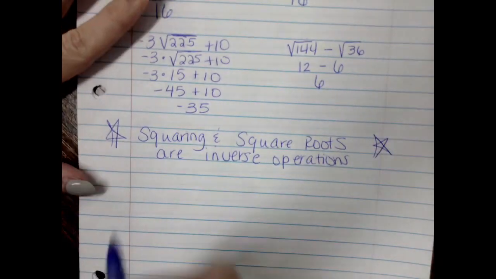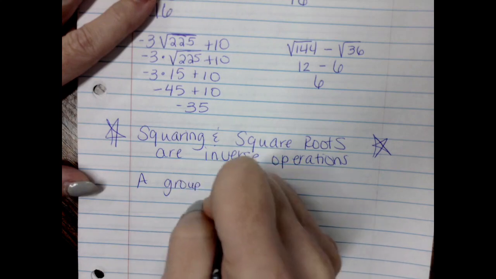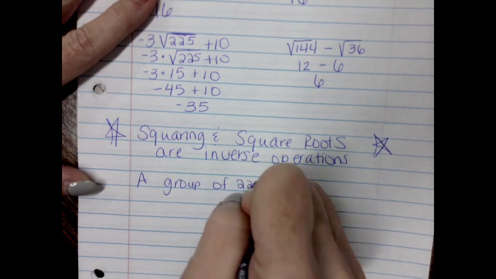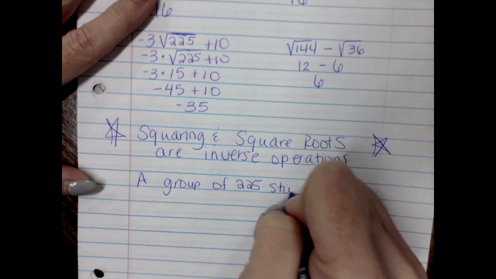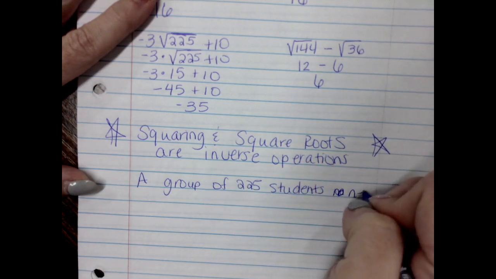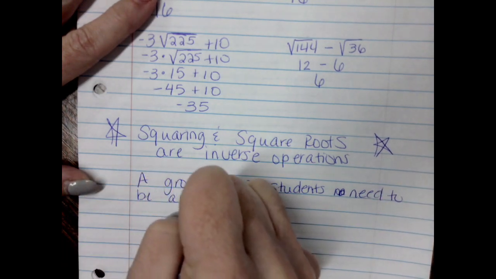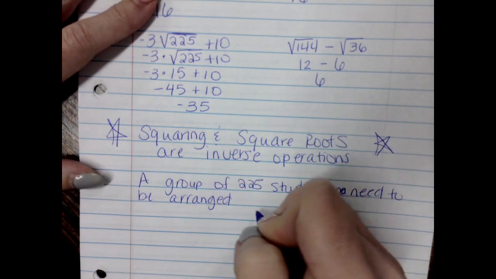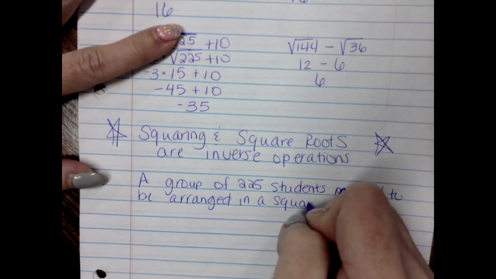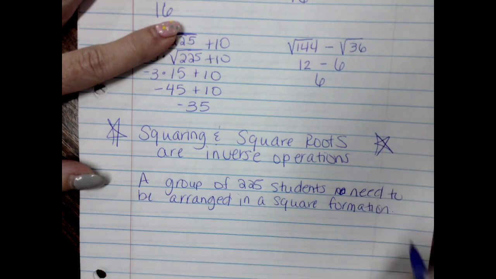All right, one last question. A group of 225 students need to be arranged in a square formation for a halftime show.